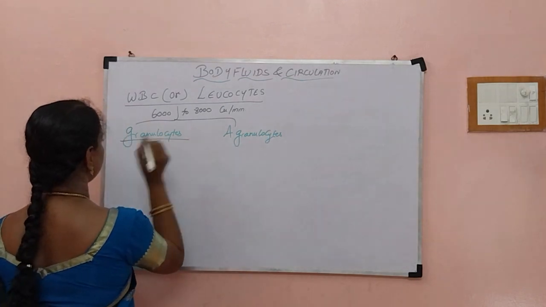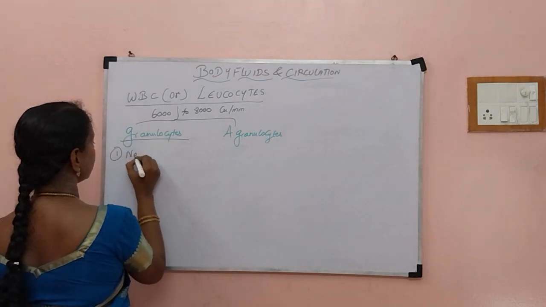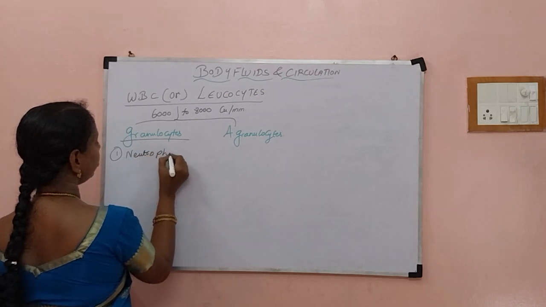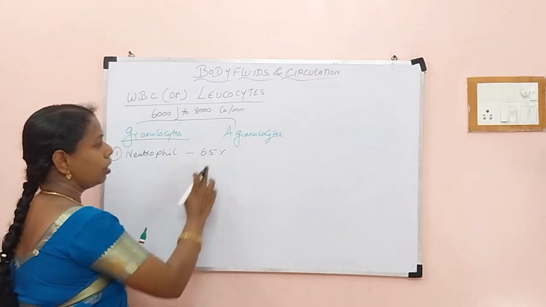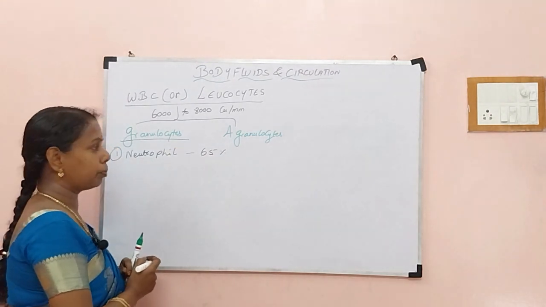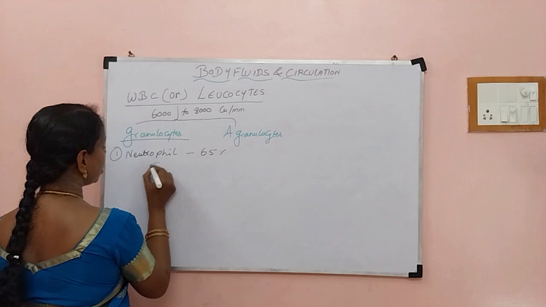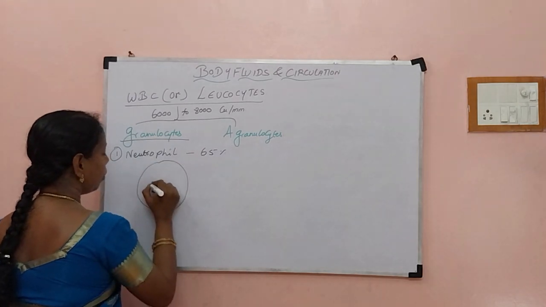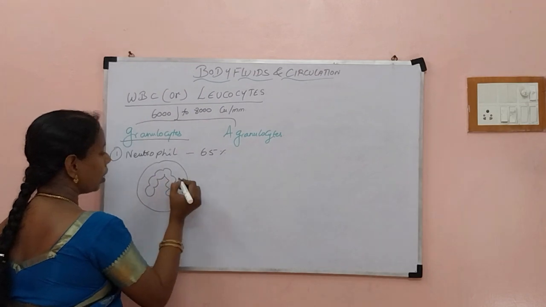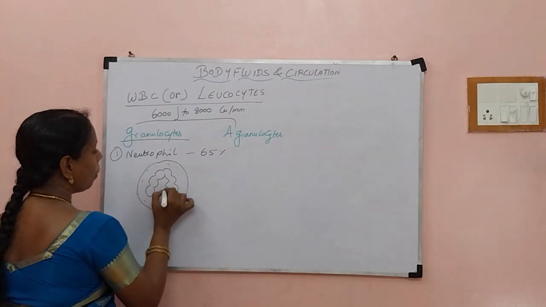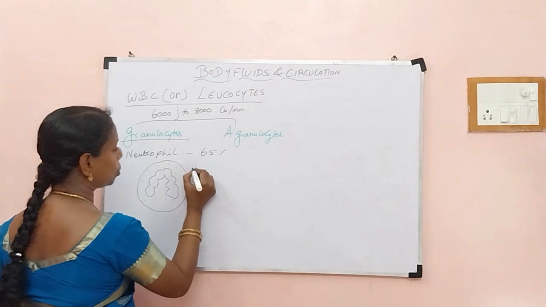Among the granulocytes, the first one is the neutrophil. The percentage is 65 percent. So this we have to remember, children, that percentage. The nucleus of this WBC will have many lobes, so you can find many lobes. Because of it, it is even called polymorphonuclear neutrophil.